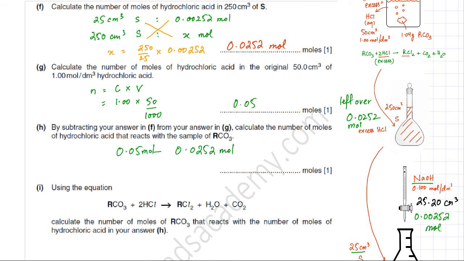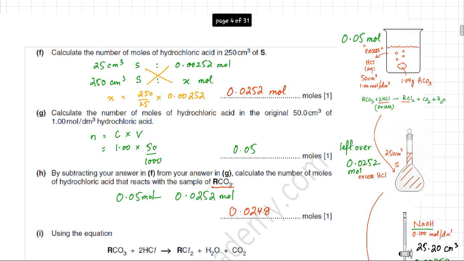So it's going to be 0.05 minus 0.0252, and the answer I'm going to get is 0.0248 moles. So that is the amount of moles of HCl that's actually reacting with this carbonate in this original reaction. So that is the moles that are originally reacting.